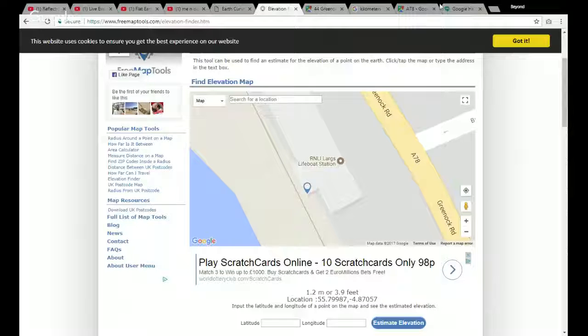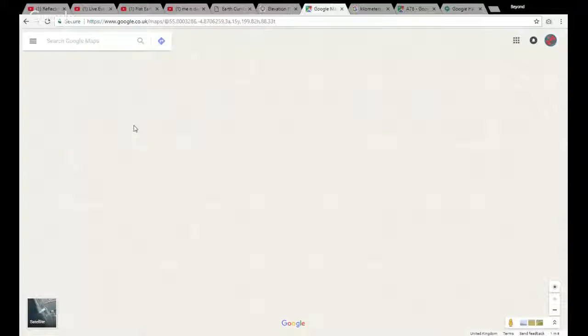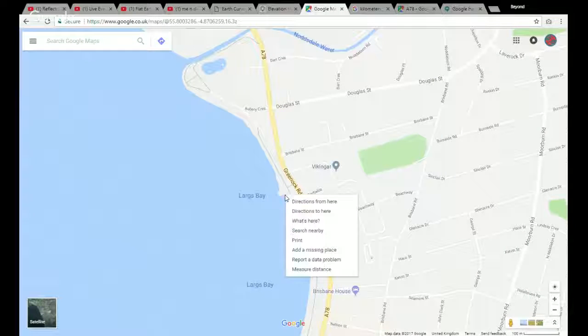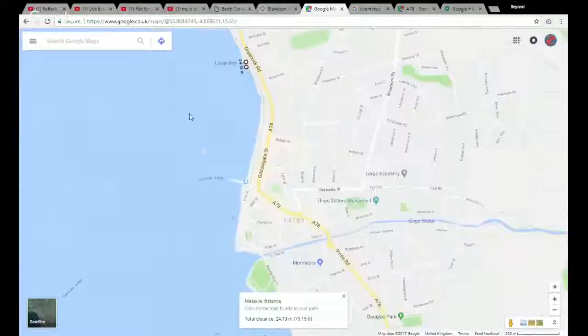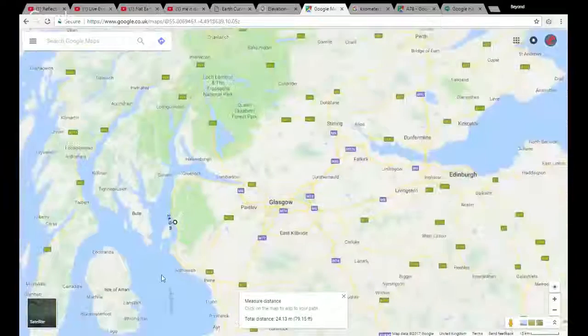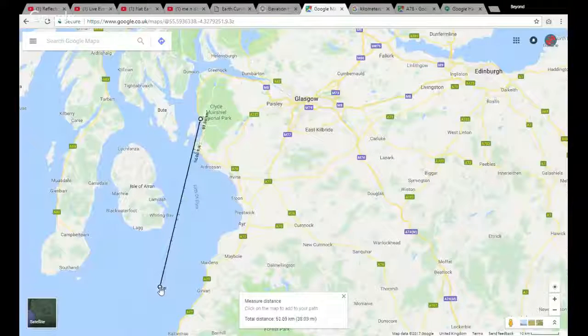Now, distance. There we are, 62.66 this time, so it's kilometres.